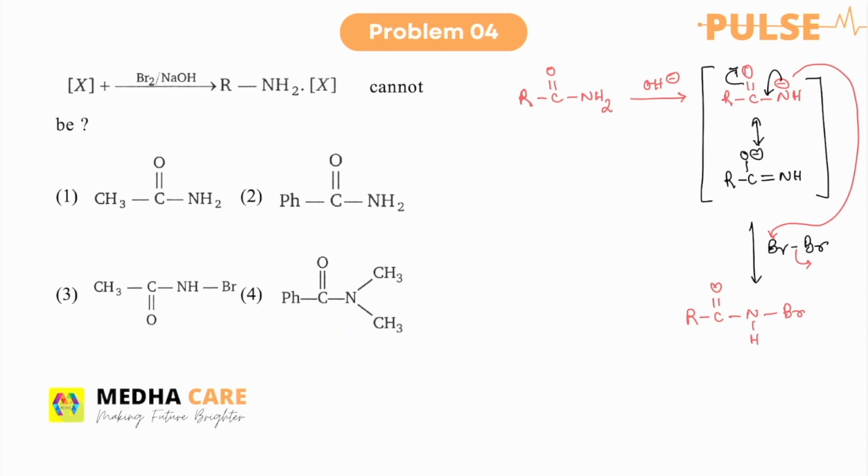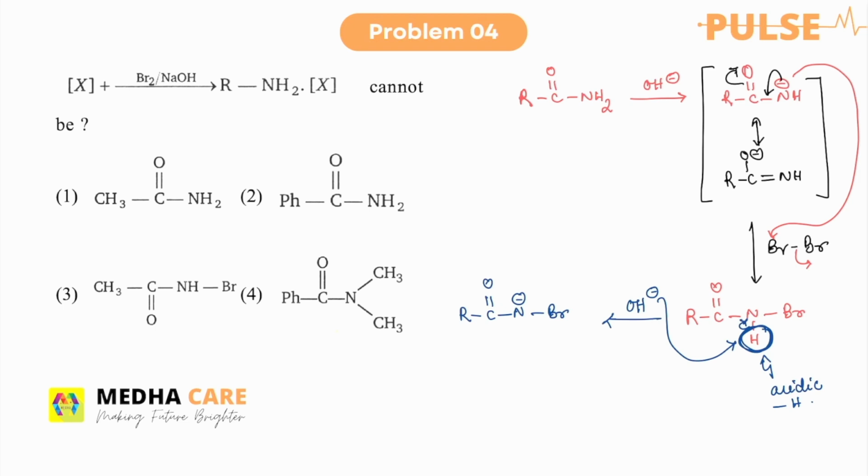Now this bromamide has a hydrogen, that is acidic hydrogen. Now this acidic hydrogen can again be removed by this hydroxide ion, and you will get a negative charge on this nitrogen atom. RC double bonded O, N negative and Br.